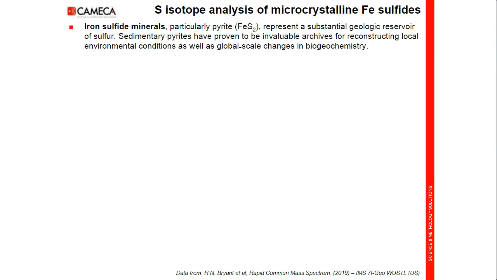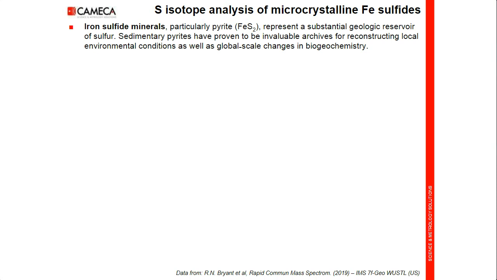Here, another example of sulfur isotope analysis, this case of multicrystalline iron sulfides. Iron sulfide minerals, particularly pyrite, represent a substantial geological reservoir of sulfur.